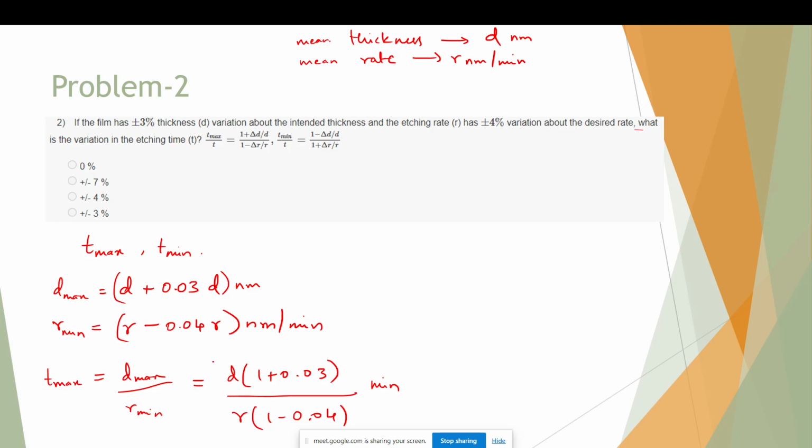Now D by R is nothing but the expected time. So T max is equal to T, the expected time, into 1.03 upon 0.96, and that will come out to be 1.07 T.